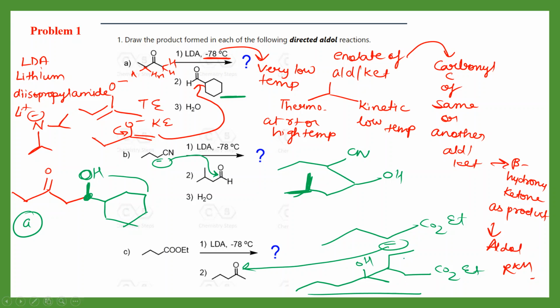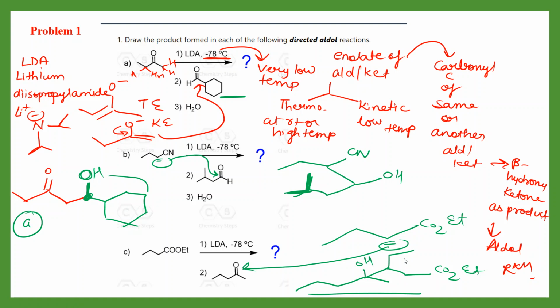So basically you just have to see the conditions which are given. Whenever you are given a bulkier base and the temperature is low, directly make the kinetic enolate first. And if bases are like sodium hydroxide or sodium ethoxide, then you have to form the thermodynamic enolate, and then just attack whatever electrophile is given in your question.